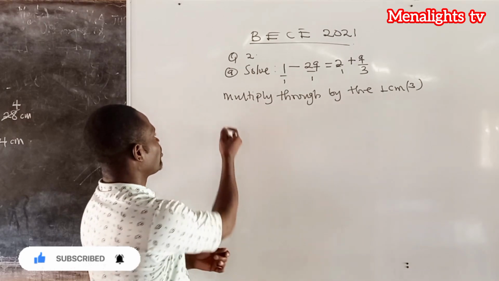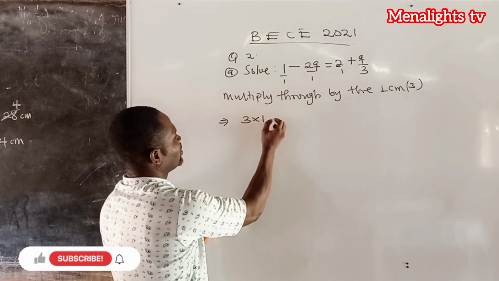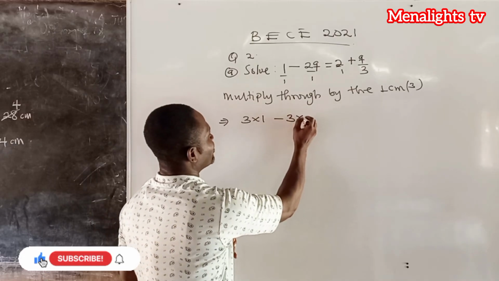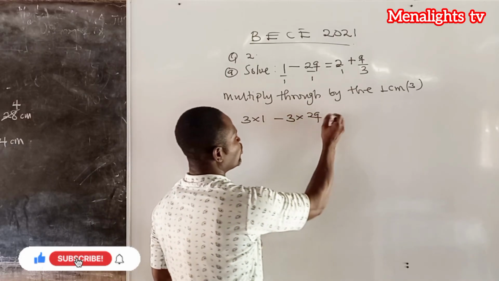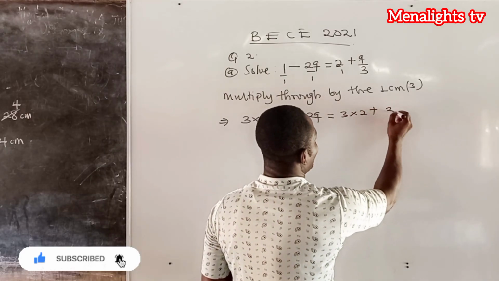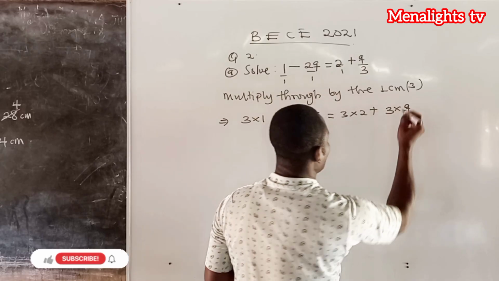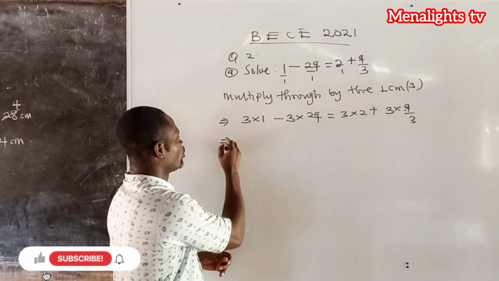So having the 3, the first one, 3 times 1, minus 3 times 2q, should be equal to 3 times 2 plus 3 times q, over 3.